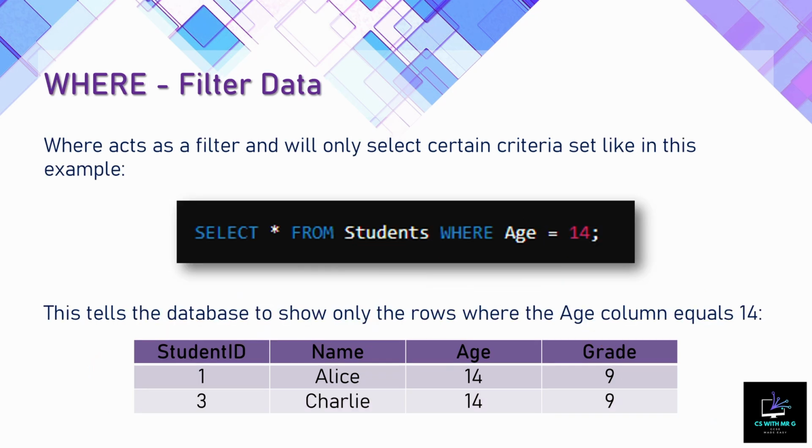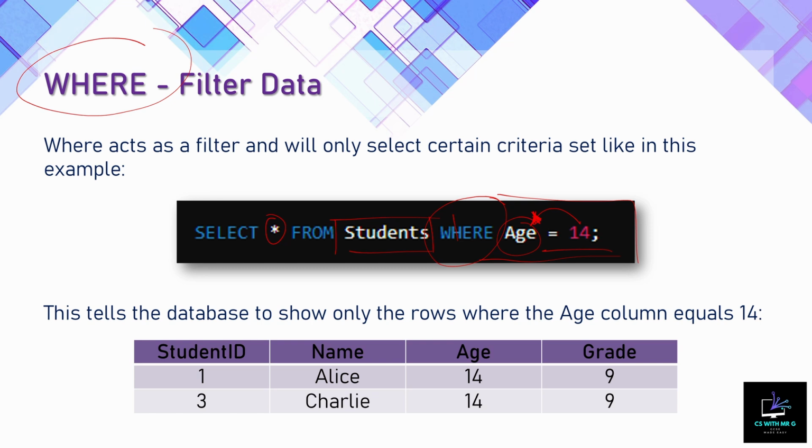Now, when we want to start to filter our information out and only select specific information, we can use the where command to act as a filter and apply a certain set of criteria, like in the example here. I want to select all the students with the asterisk from the table students where the age equals 14. So the where statement at the end is followed by a condition, a bit like an if statement, and I've set a criteria for the age to equal 14.